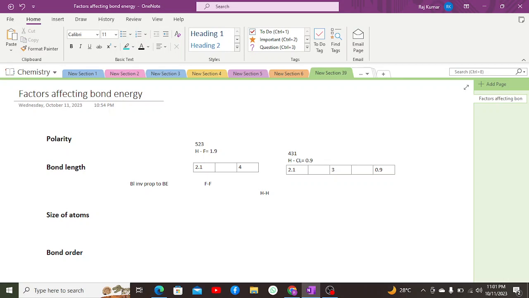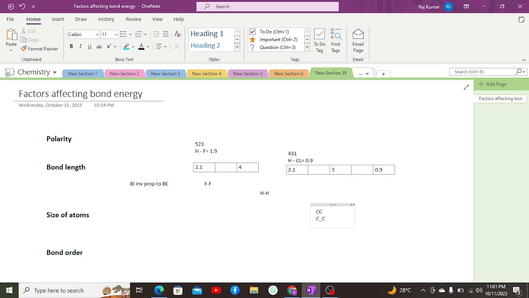Let's discuss another example. Suppose we have a carbon to carbon double bond and a carbon to carbon single bond.